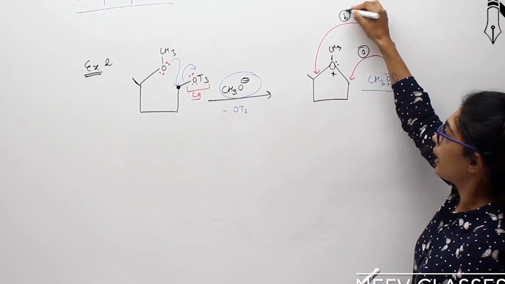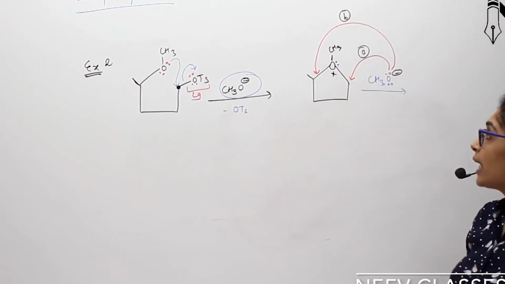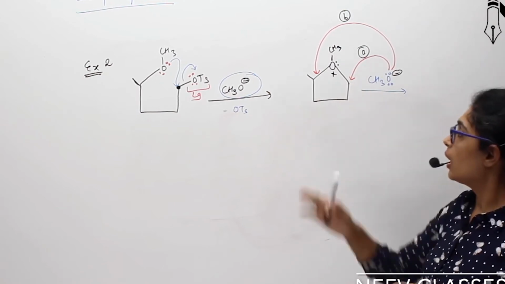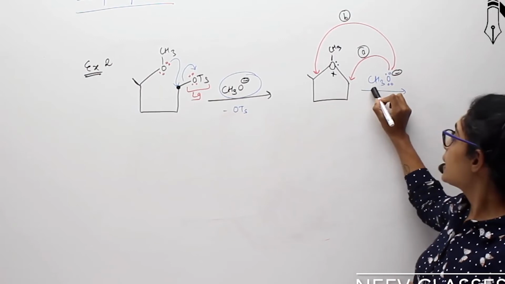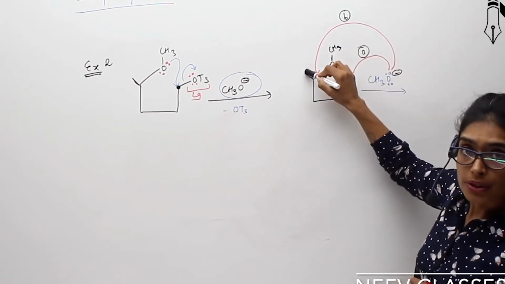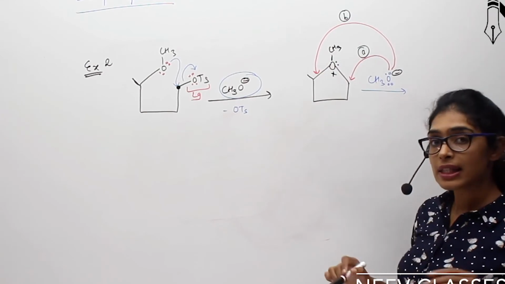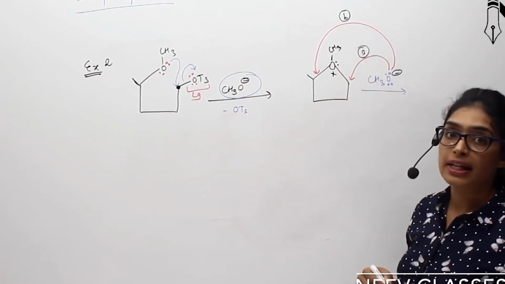This is called path B. Now, which path will the nucleophile choose to attack? Here my CH3O minus is acting as a nucleophile. It can attack this carbon and can also attack this carbon. Okay, and this will attack from the opposite plane as compared to what OCH3 is attached to.